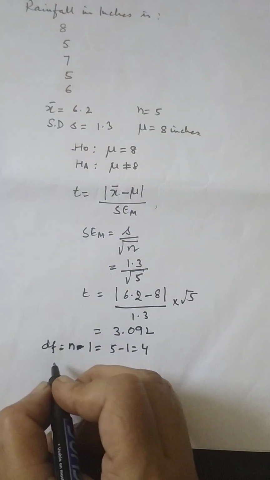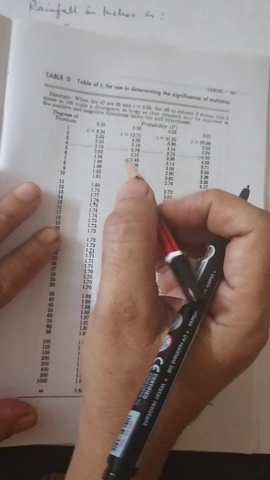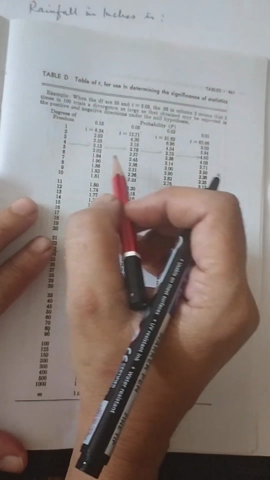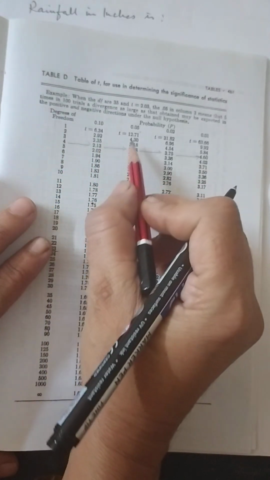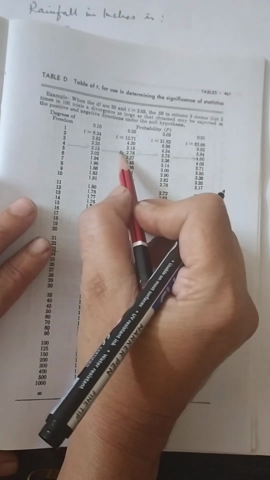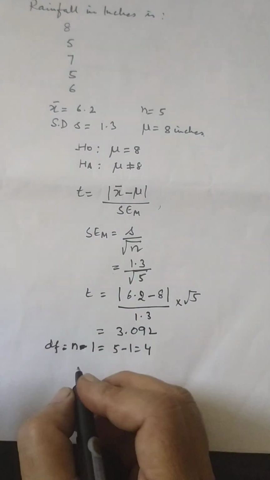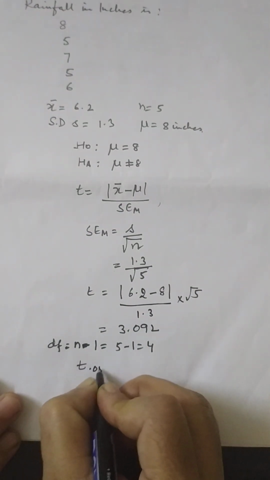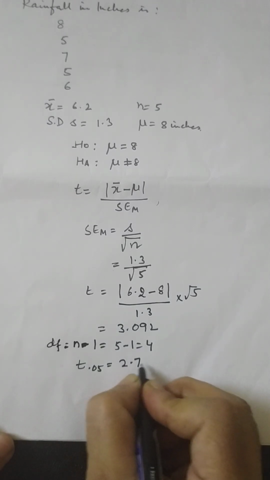So for degrees of freedom equal to 4 and 0.05 level of significance, for this null hypothesis we have to use a two-tailed test. So for degrees of freedom 4 and 0.05, it is 2.78. So t at 0.05 is 2.78.